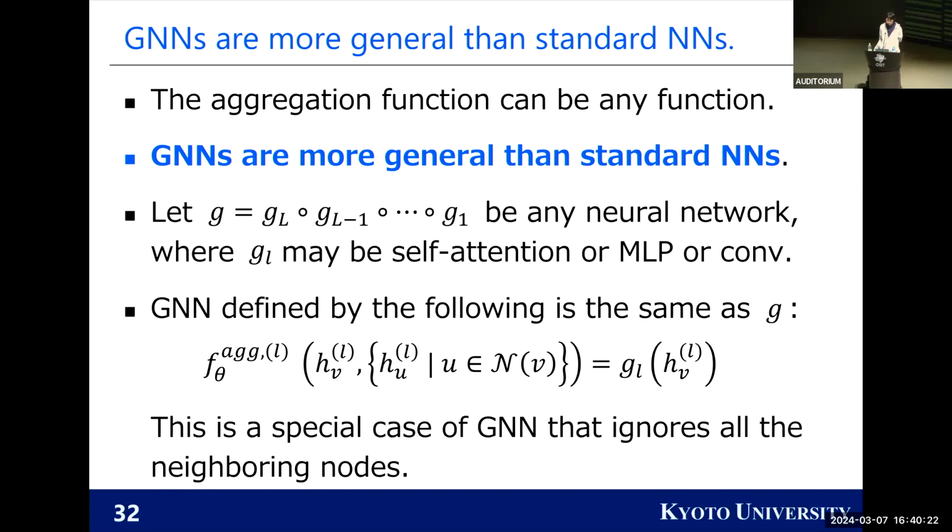So this is a special case of GNN that ignores all the neighboring nodes, or the second argument. This is a very limited and abbreviated graph neural network, and even so, we can reproduce any neural network. And we can expect that by incorporating information from the neighboring nodes, or the second argument, we can use more information and improve the performance beyond standard neural networks.